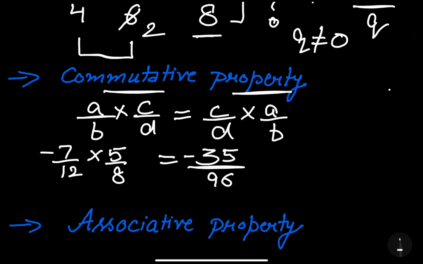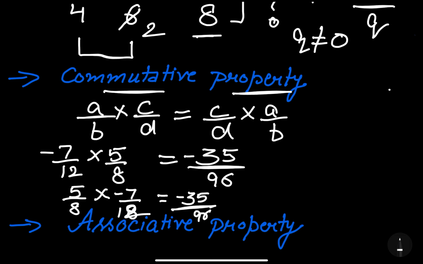Now we will change the order of the rational numbers. First I will write 5 by 8 multiplied by minus 7 by 12. Again 5 into minus 7 is minus 35. Sorry, here it is minus 7 by 12. 8 into 12 is here 96. So the same result we are getting.